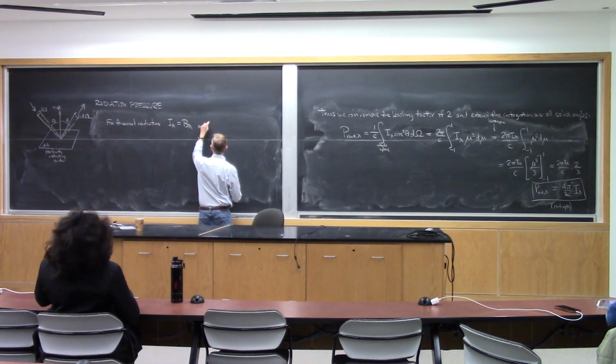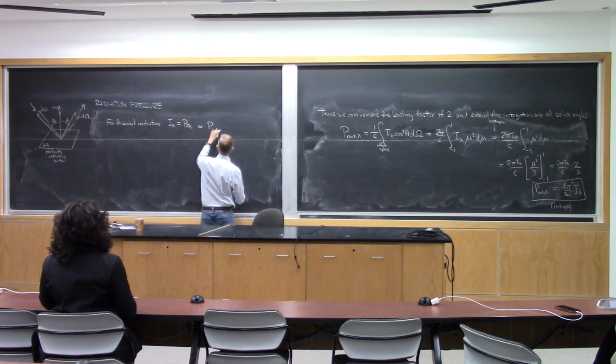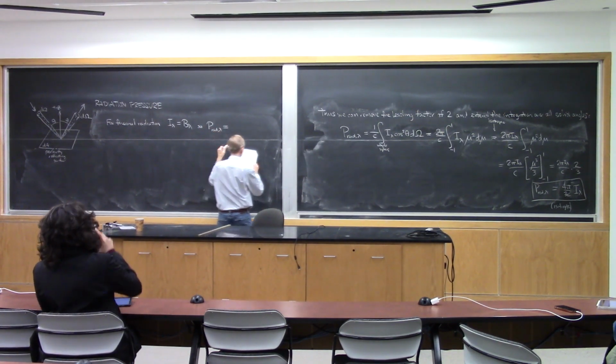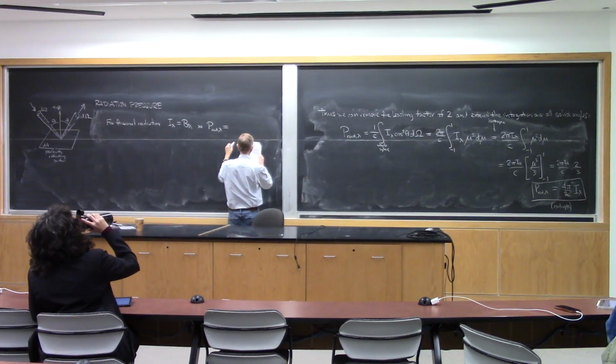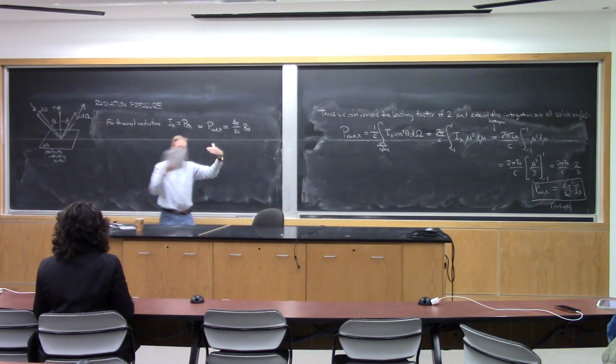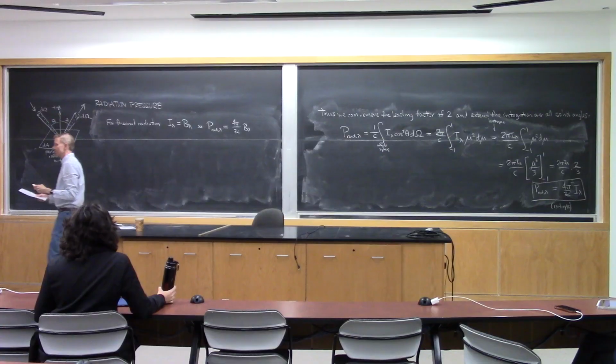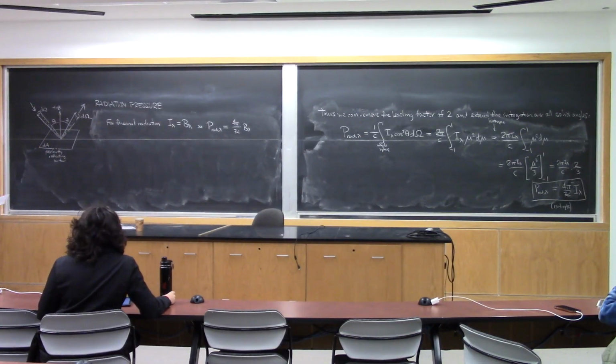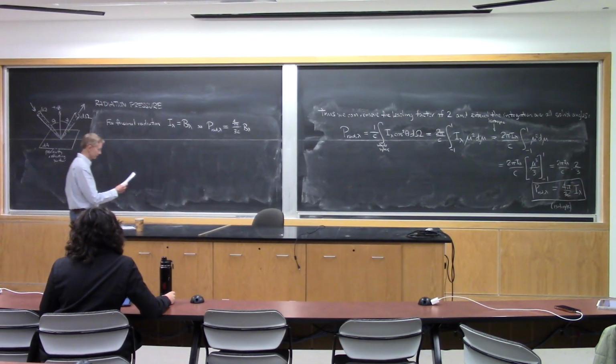So therefore, if I want the radiation pressure P rad lambda, that's just 4 pi over 3c B lambda. And again, we know what B lambda is as a function of temperature. So if we want, we can actually write it out. We know what P rad lambda is as a function of wavelength and temperature.